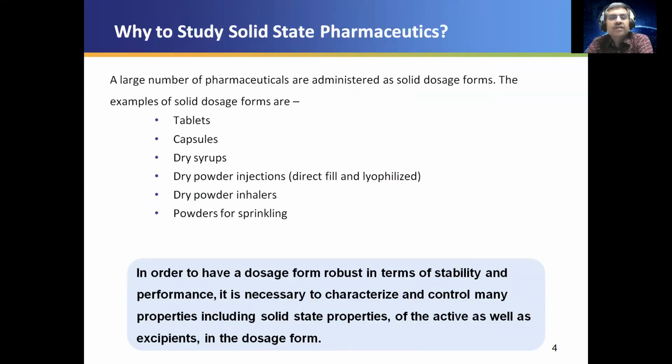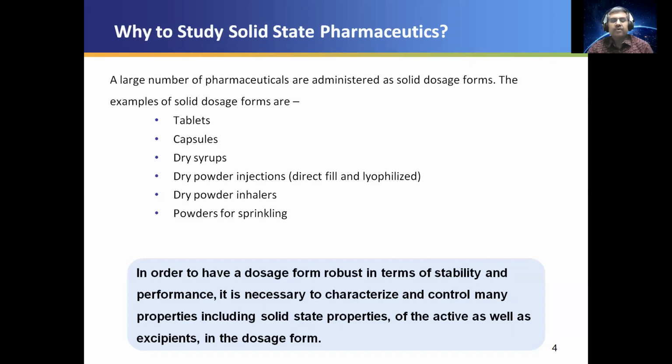Why study solid state pharmaceutics? A large number of pharmaceutical products are sold in the market in the solid dosage form. The examples include tablets, capsules, dry syrup, dry powder injections, dry powder inhalers, and powders for sprinkling.